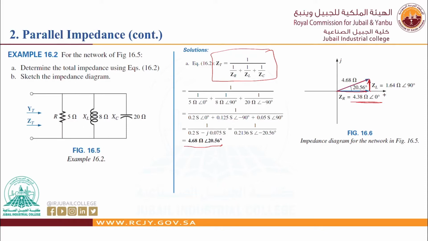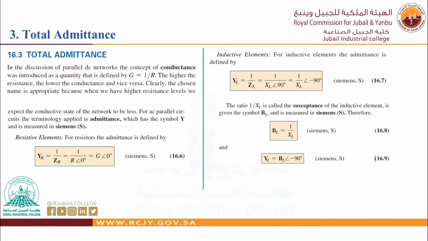Try to practice more about it, and you will see it is easy. I'm going fast because the concept is the same as the series. So we have impedance here, just in parallel.